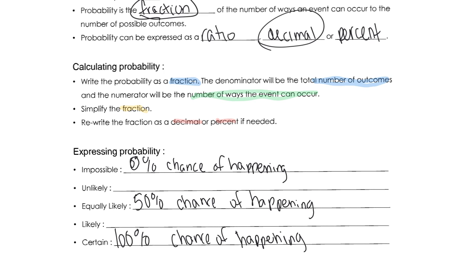In between that is unlikely and likely. So in between impossible and equally likely, unlikely falls. So what that means is that it has somewhere from a 1 to a 49% chance of happening.